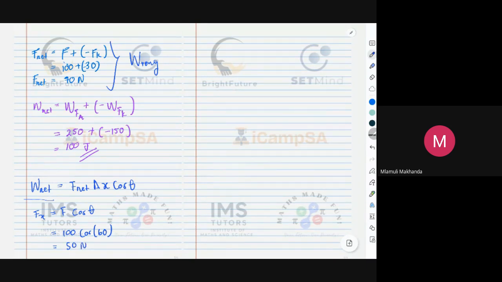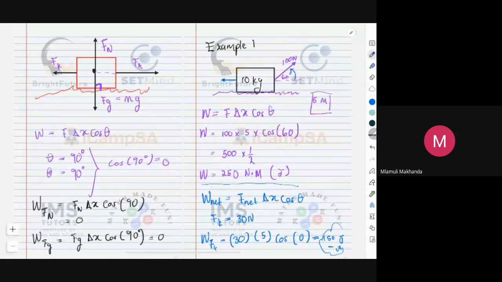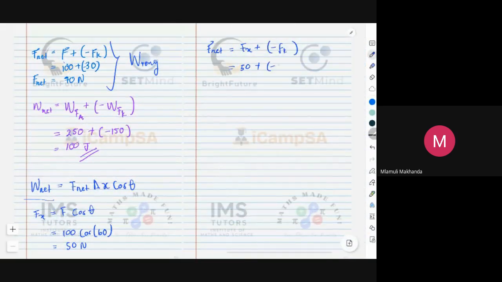Now we have 50 and we have our friction. F net then equals this Fx plus minus Fk, which is 50 plus, where's friction? 30, which is minus 30. Then that equals 20 newtons.